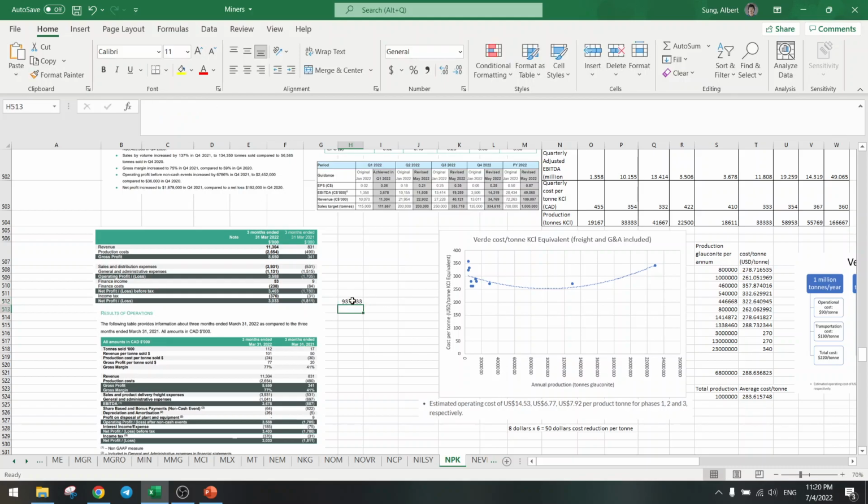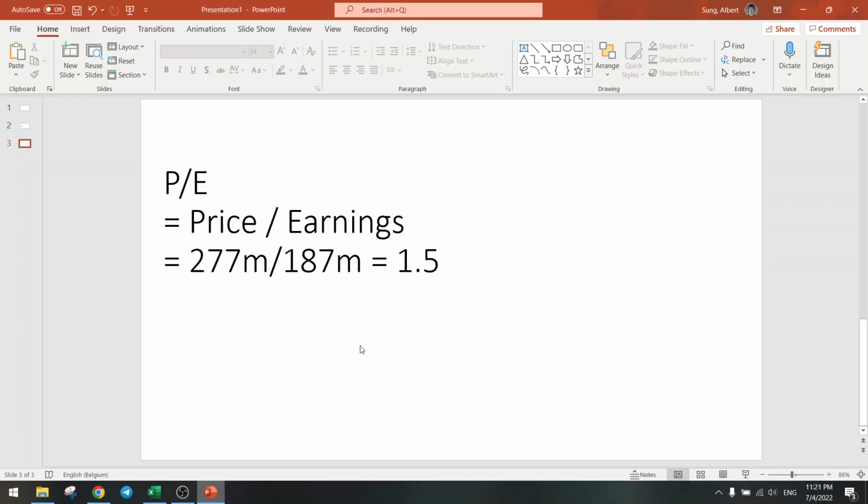That is the earnings for this year, about 100 million. So the PE ratio is then 277 million market cap divided by this number, and that's a PE of 3 right now. So we are now at a PE of 3, going to a PE of 1.5 next year.